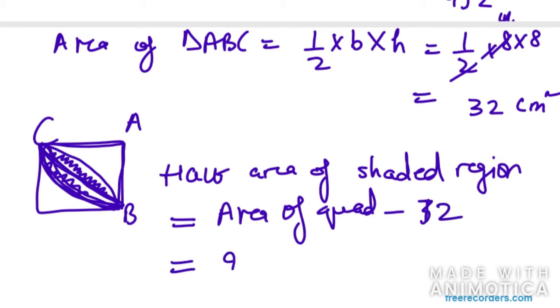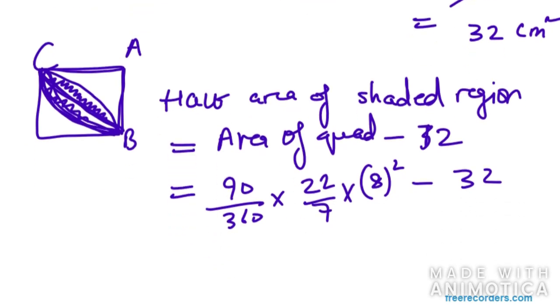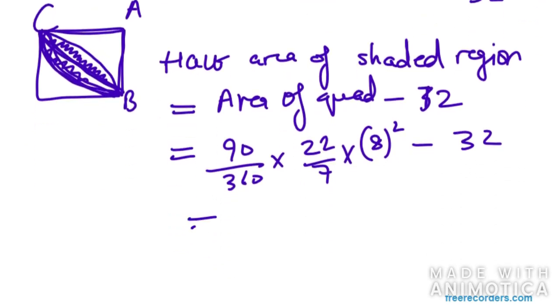So the area of the quadrant in this case is 90 over 360 into pi r square, that is 22 over 7, r in this case is 8 square, minus 32. So when you solve this, you will get your answer as 128 over 7 centimeter square.